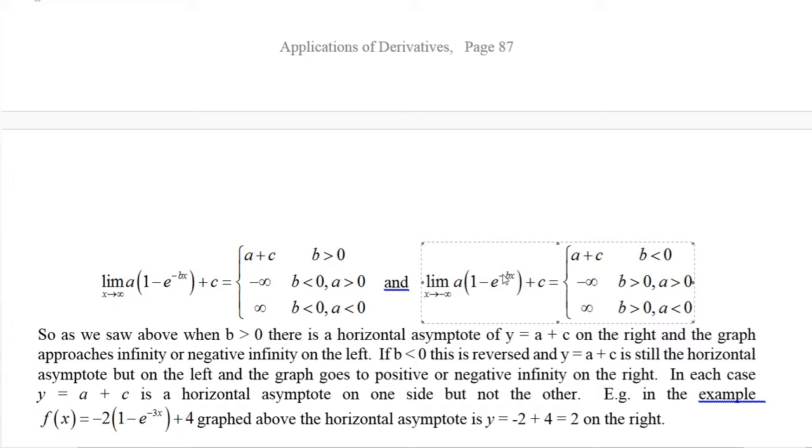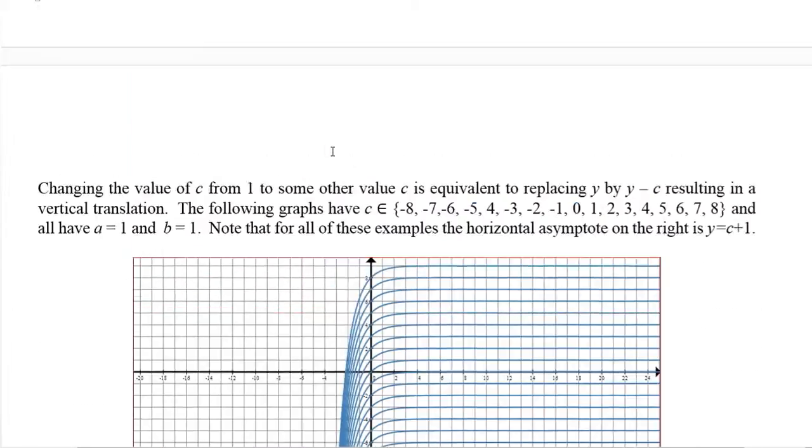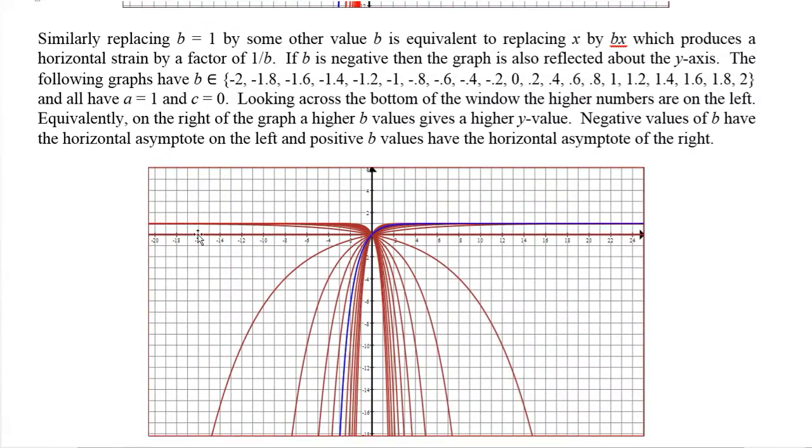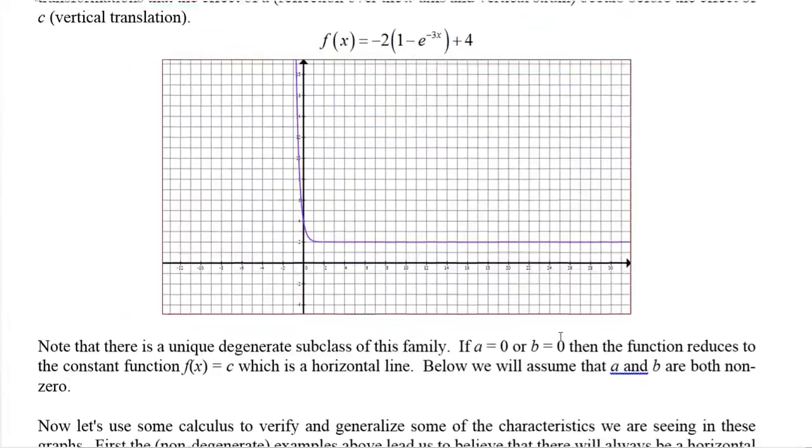So as the limit of this little piece right here goes to 0, 1 minus 0 is 1, times a is a, plus c is a plus c. So on the left side, you have an asymptote of a plus c when b is negative. And I think we looked at some where b is negative here. All of these that go to minus infinity on the right go to a plus c as your limit on the left. So it has an asymptote on the left side.